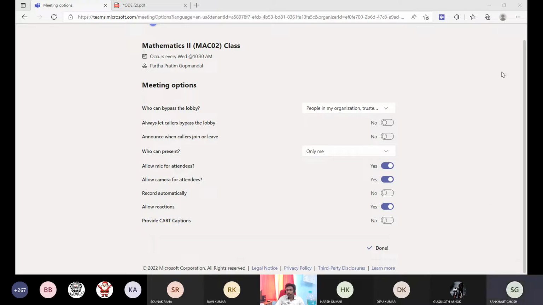They have joined through the same link, but they are arriving in some other room. They are joining through the calendar only. In your account, the section name Mathematics 2 MSc was given. There you can see a link is reflecting.